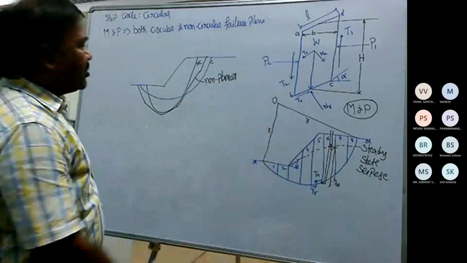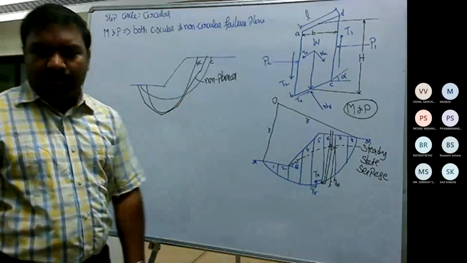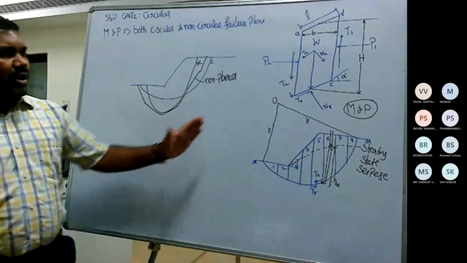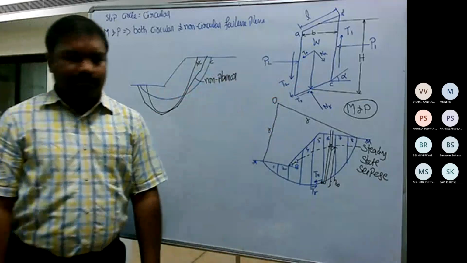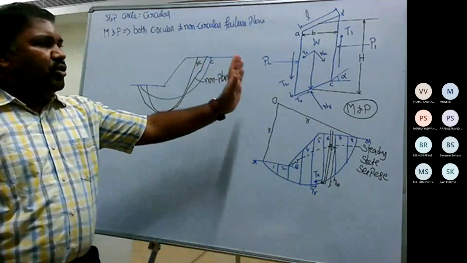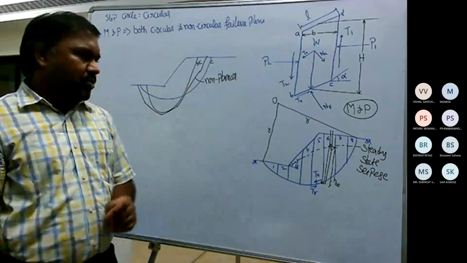That is not required when you consider non-circular failure, so that limitation is also overcome in a few other methods. Maybe I will discuss the missed points that I could not explain in the PPT tomorrow.